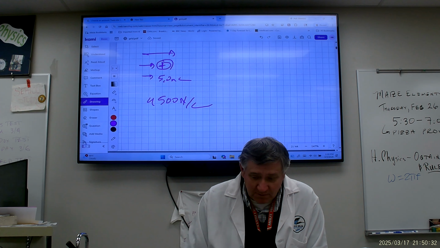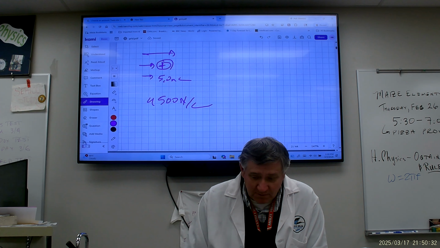Now, is the force on an electron and proton going to be the exact same? Yes, in terms of magnitude.